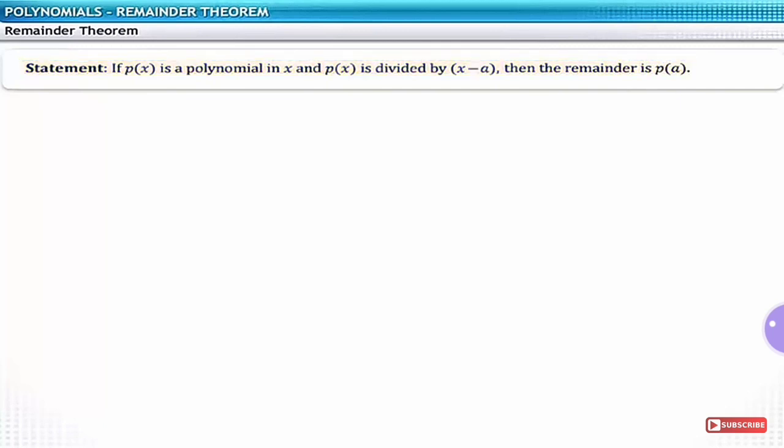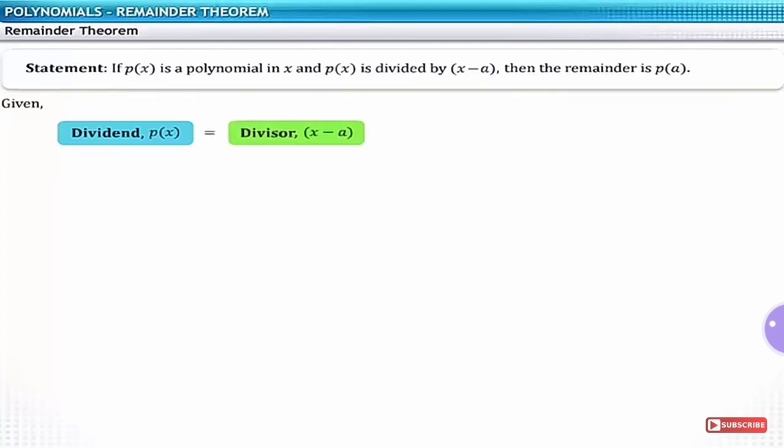Let's now see how we can verify this theorem. It is given that the dividend is equal to P of x and the divisor is equal to x minus a. Let the quotient be q of x and the remainder be r.